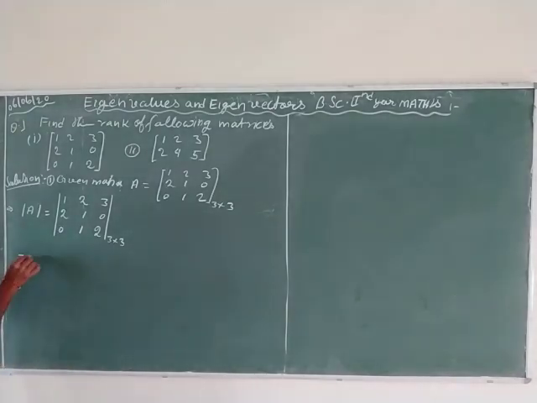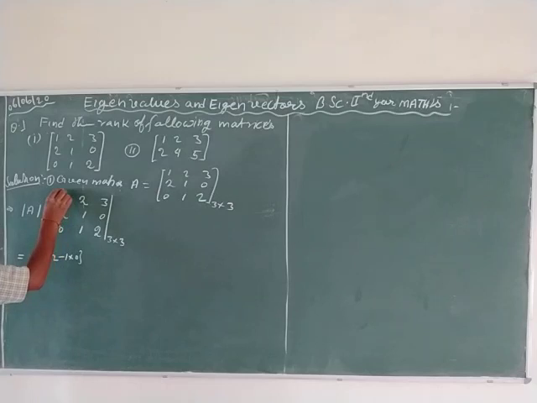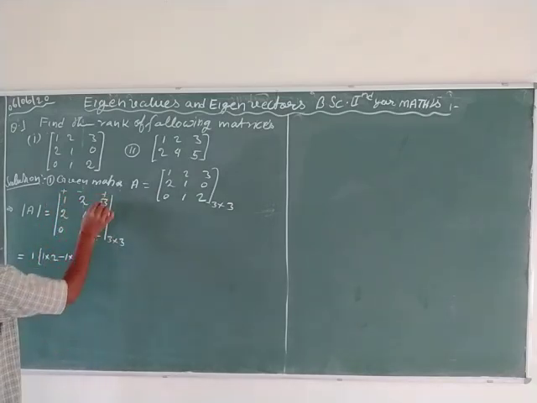It is equal to, taking first 1 in bracket, eliminate the first row and first column of the determinant. This means 1 into 2 minus 1 into 0. After that consider minus 2; the sign pattern plus, minus, plus is the process of the determinant.